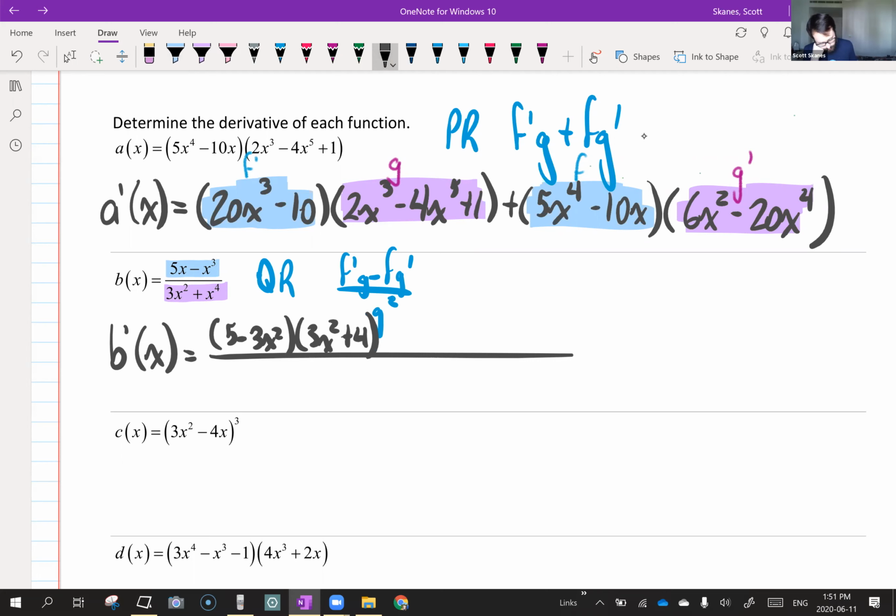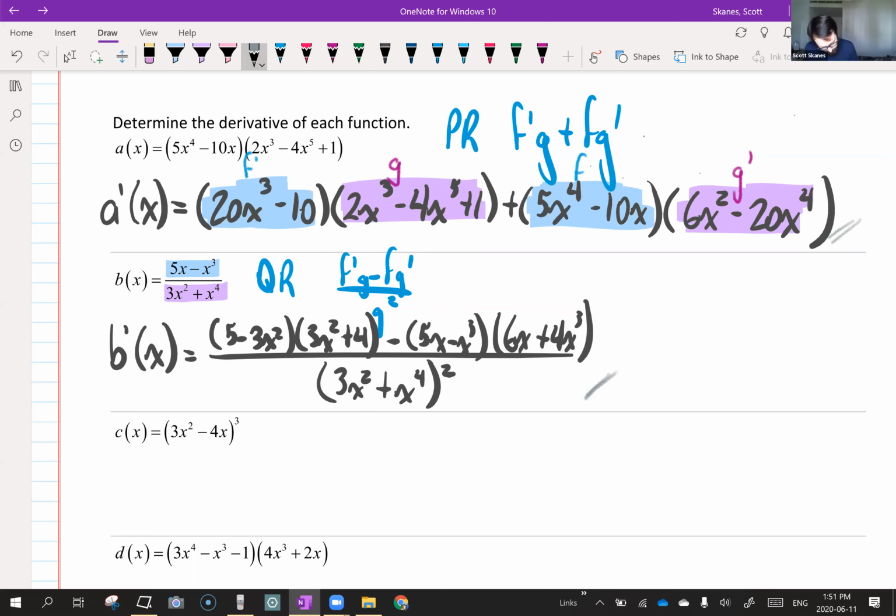So with the derivative of the first one times the second, minus the first one and the derivative of the second, all divided by the bottom squared. So that's once again finished. I won't highlight this every time, but I will highlight it this time. F prime and F, G, G prime, G again.